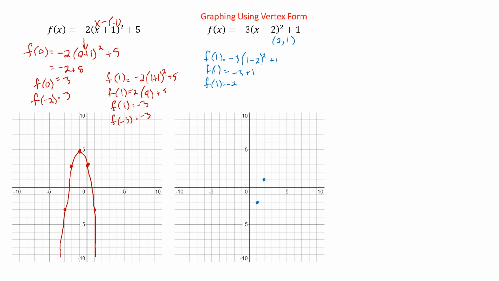Which means that if we plug in 3, we would also get negative 2. Because when we plug in 3, we have 3 minus 2, which is positive 1 squared, which is still 1. So we get the same exact place.